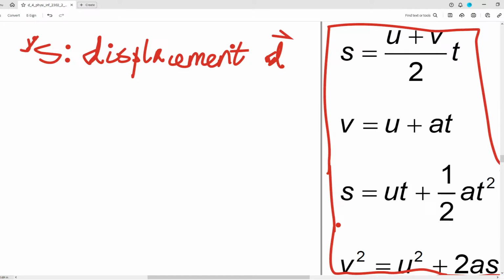Now, not to mix up, it's actually kind of important, is that u is actually initial velocity.